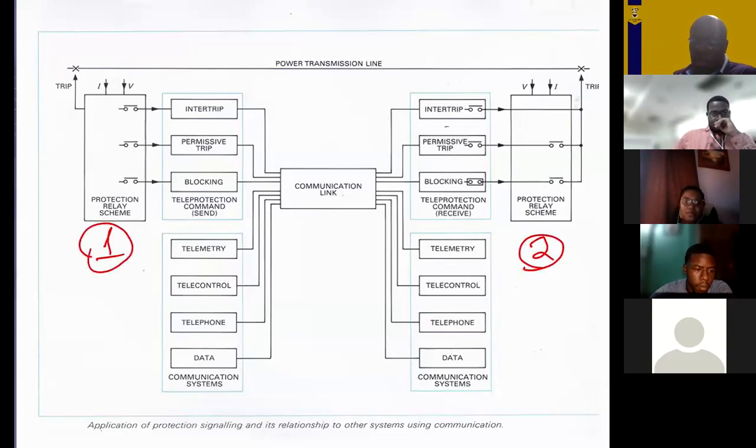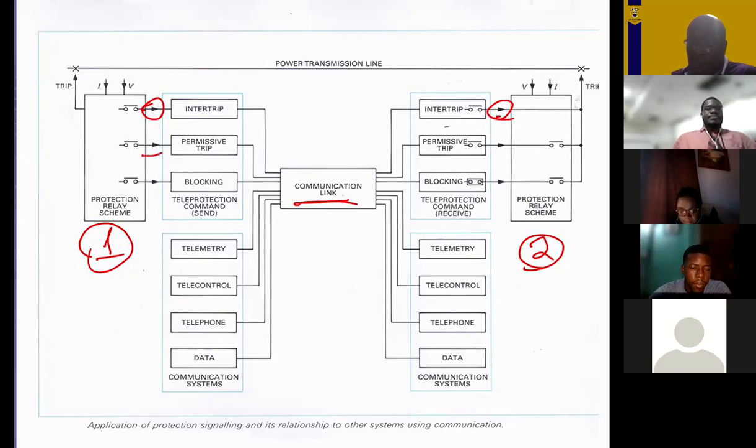We can either be using an intertrip scheme. I think this is in your lecture notes. Meaning once it is sent across the communication link and received at the other end, then we operate.